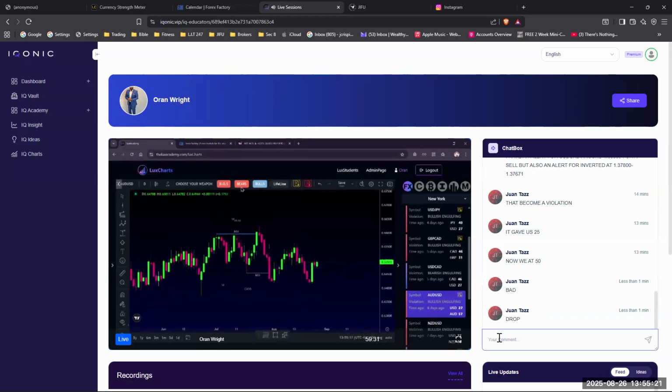Now, the system automatically drew the break of structure here. We also see a breakout candle right here. We also see a possible left shoulder in this zone. Okay? With the buyers coming in after the violation in this level.